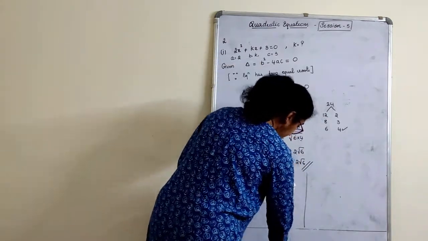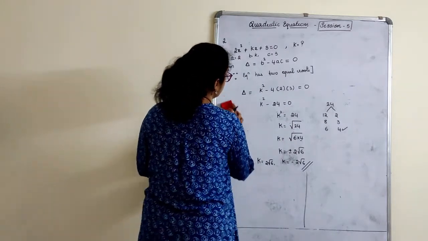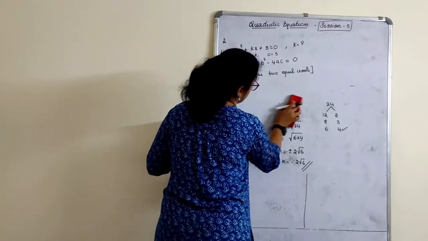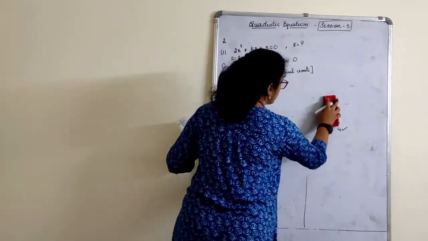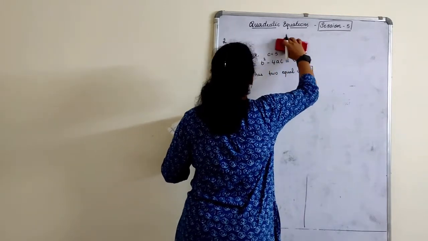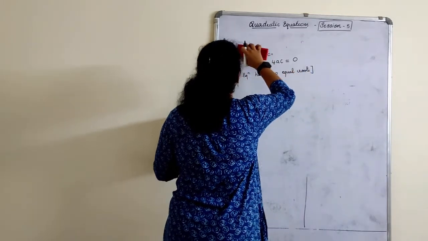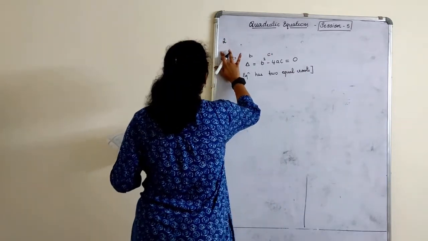So let's quickly begin with the next one also. I will be doing the next one also, children. Two values of k we found out. Second one.